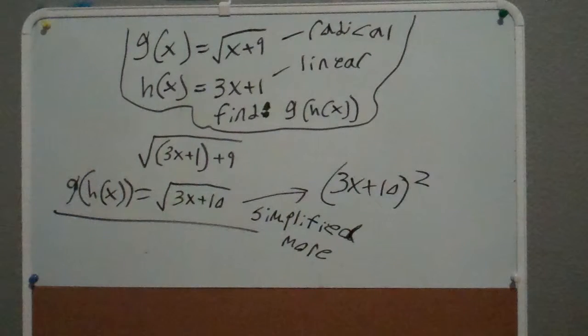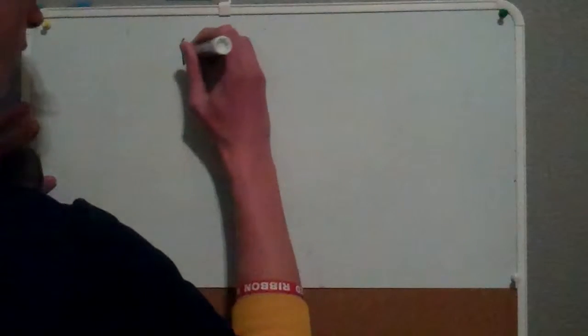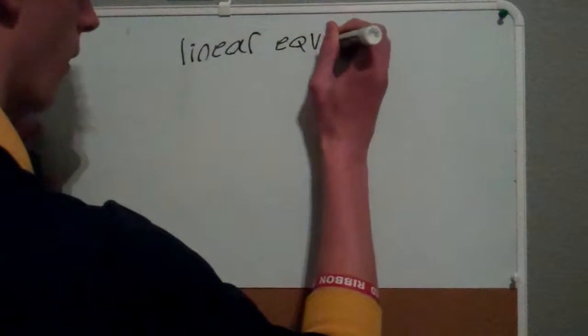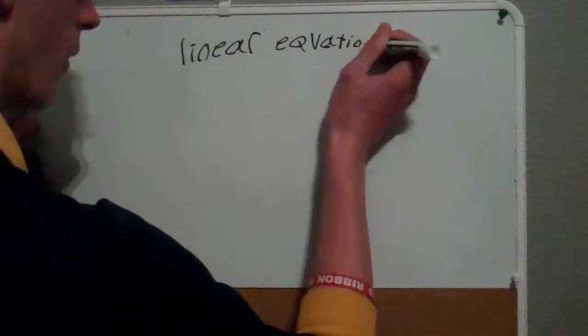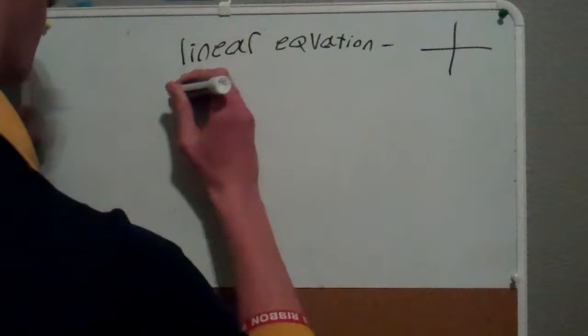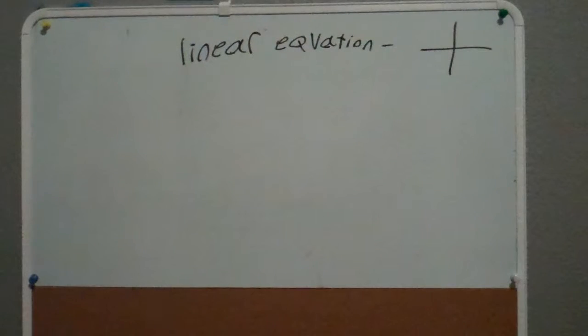But just before we go, just to clarify a little bit here and there. I think we should be good. It's usually easier to tell whenever you put these in your calculator. In your calculator, a linear equation is going to look like that.